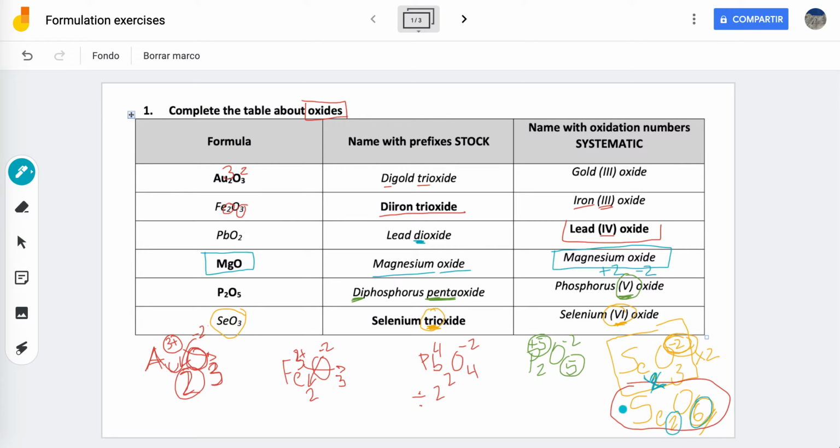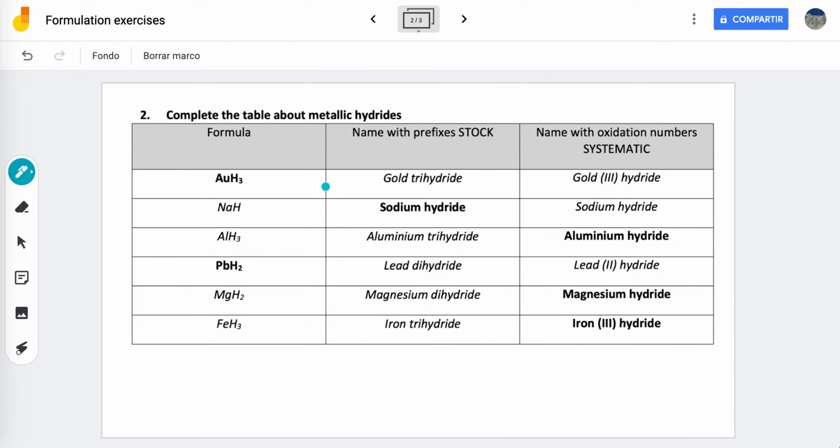This is the original one, and then we divided by 2. Okay, that's it. Very good, nice and smooth. Now that we know that we have to write selenium 6 oxide, this exercise is done. Let's go to the next.